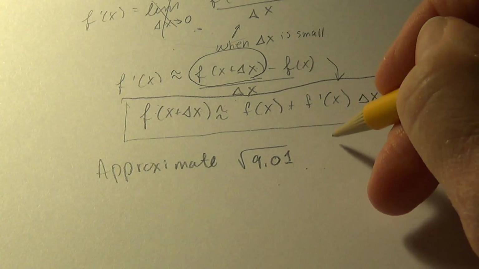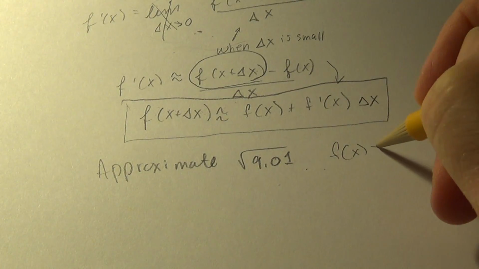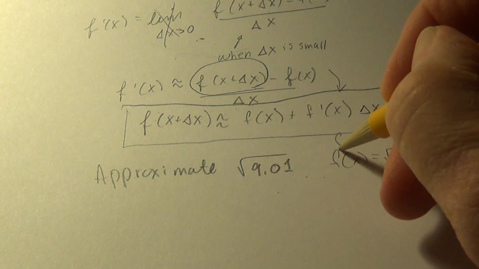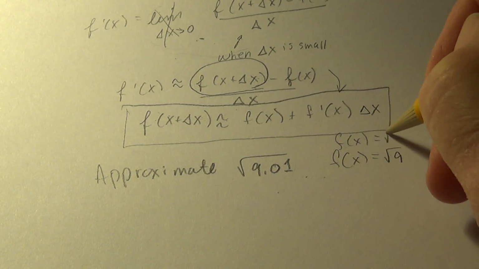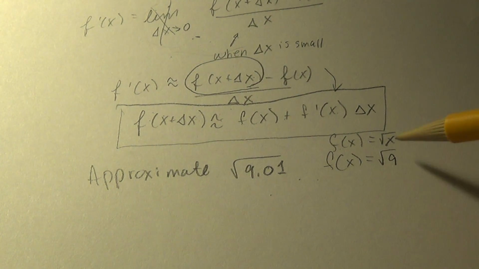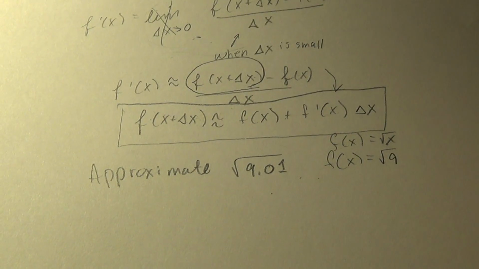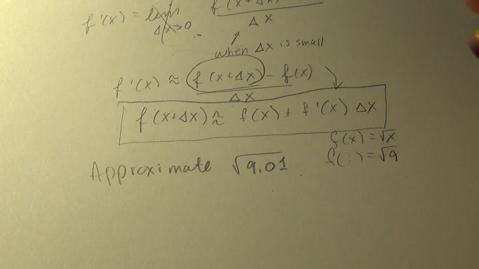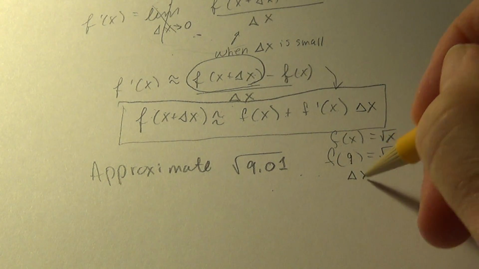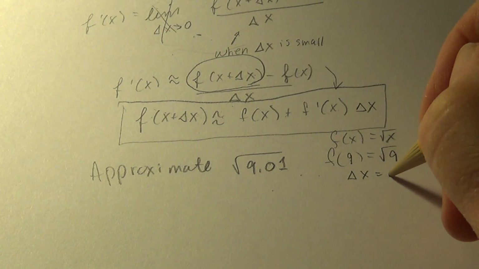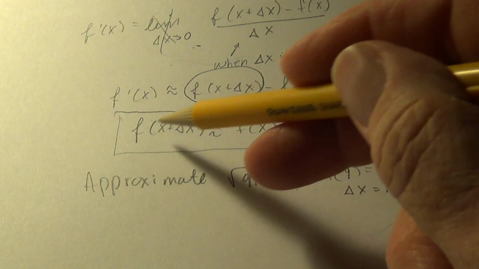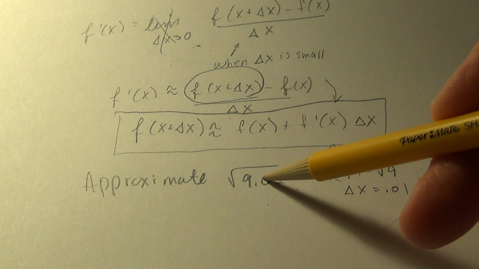I'm going to think of our function as the square root of x, so the function evaluated at 9 is the square root of 9. And then we're going to have the change in x, which is 0.01. So with those thoughts in mind, I'm going to use this formula to approximate that.